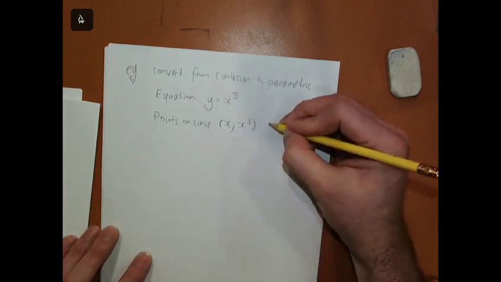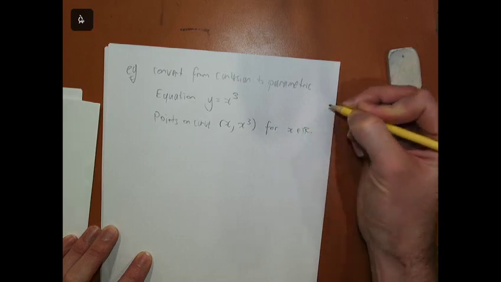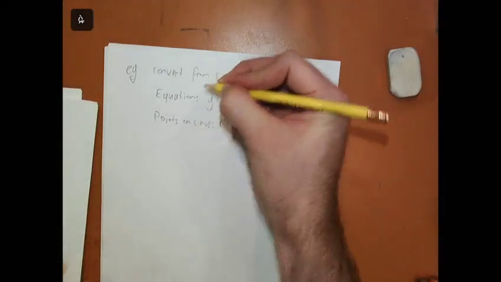Right? And if the x coordinate is x, when I sub that into that equation, the y coordinate comes out to be x cubed. And that'll work no matter what x is. And so now we have a parametric version.